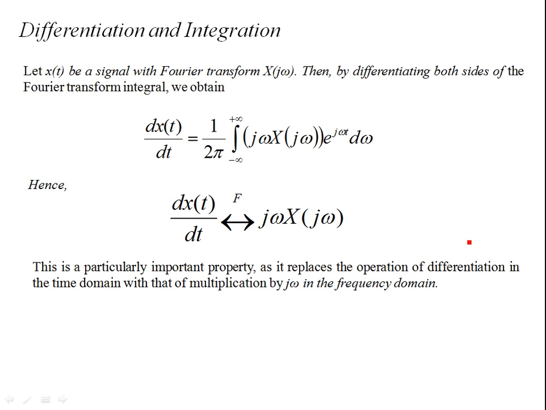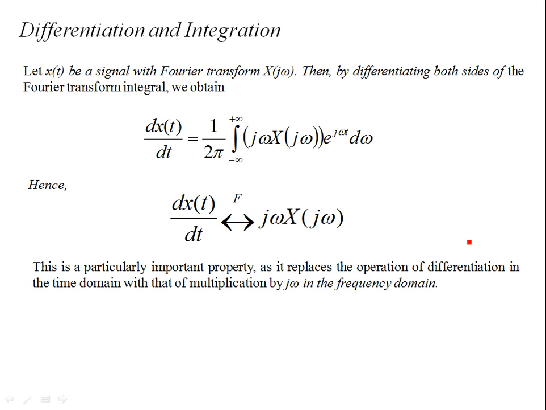Then we talked of conjugate symmetry, that is if you have a real signal, then its Fourier transform is conjugate symmetric. As a consequence of this statement, if x(t) is both real and even, then your Fourier transform is also going to be both real and an even function in omega. That is, you don't need to consider the Fourier transform for negative values of omega.